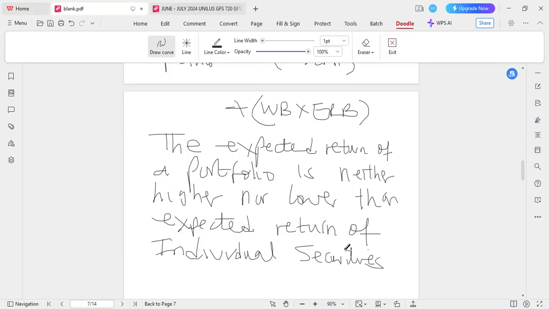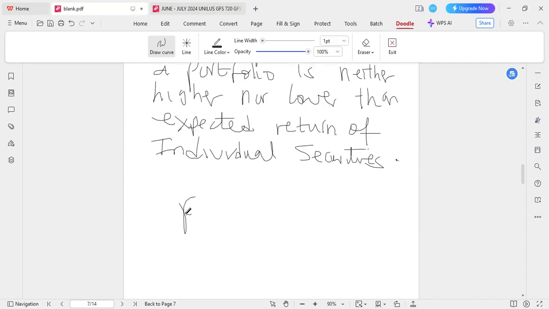Okay, so this is what goes on as we are looking at this one. Now, portfolio variance.